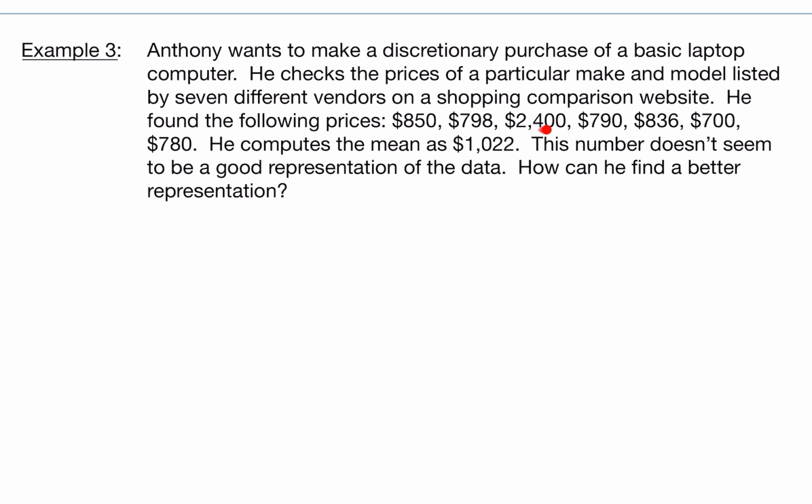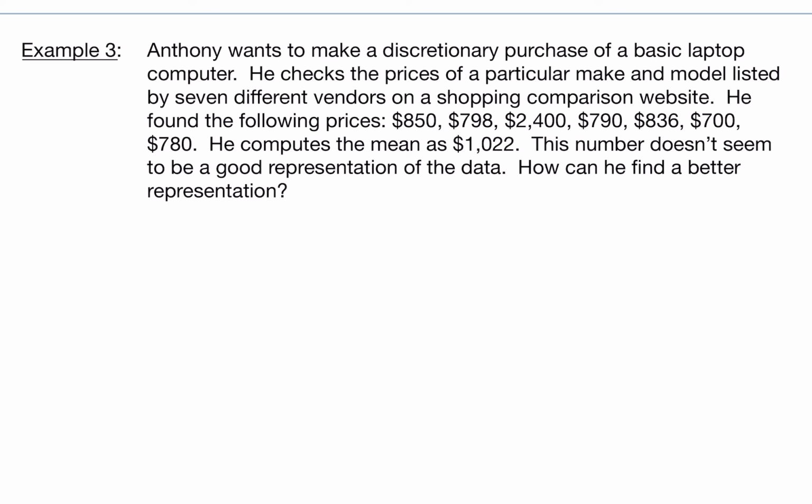But because we have one price of 2,400, it is skewing these numbers, and that's why we're getting an average of 1,022. So in this problem, Anthony uses the average to try to determine what would be a good price. However, because it's skewed, another way to do this is to find the median.